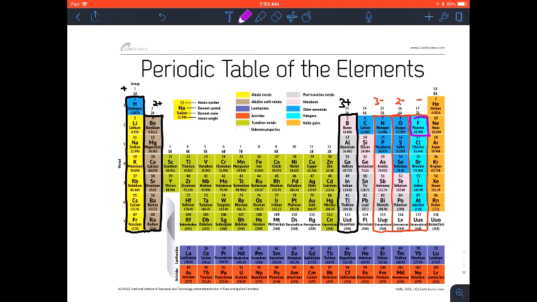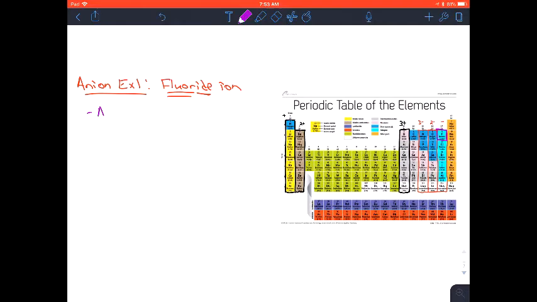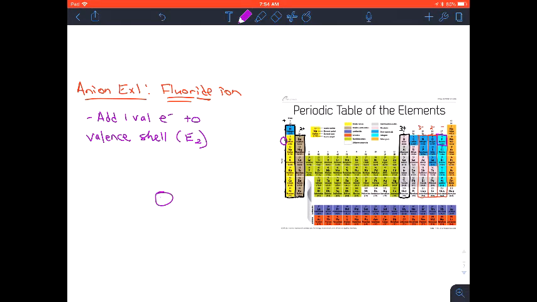Fluorine has 9 protons, and it's going to form a 1 negative charge because it's in group 7. In this case, we're going to add 1 valence electron to the valence shell. The valence shell is in period 2, so the second energy shell is going to be the valence shell. In our nucleus, we're going to have 9 protons.